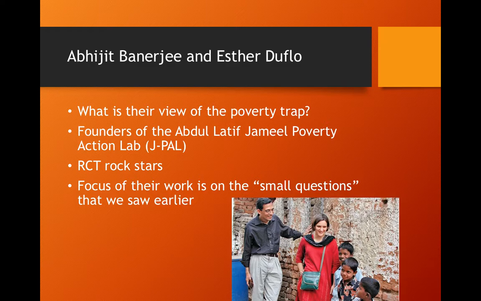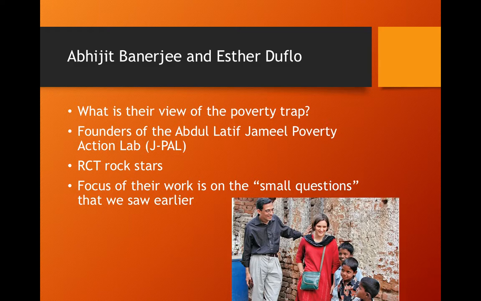So they founded this lab at MIT called the Abdul Latif Jameel Poverty Action Lab, or J-PAL. J-PAL is one of the leading, or probably the leading, labs promoting the use of RCTs, randomized controlled trials, to study development interventions.